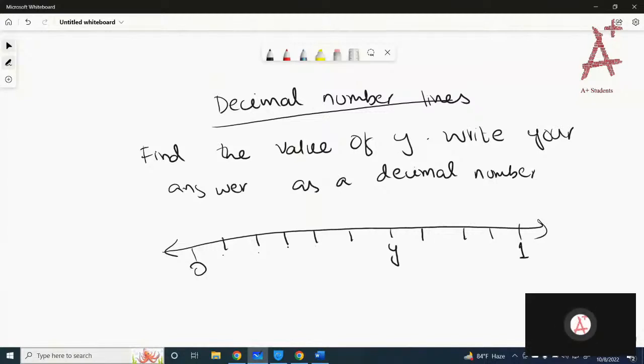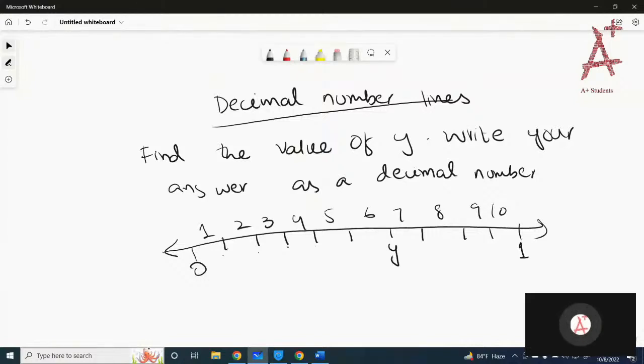The number line goes from 0 to 1. It has 10 equal intervals. You can count: 1, 2, 3, 4, 5, 6, 7, 8, 9, and 10. So between 0 and 1, you have 10 intervals. Each interval represents 0.1. So count the intervals from 0 to y.